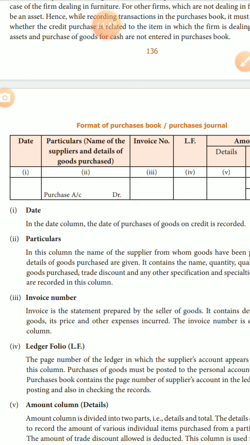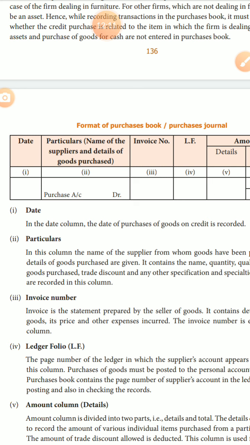Listen, students, particulars contain name, quantity, quality, and trade discount. Everybody underline these 4 words. Next, invoice. Invoice is a statement prepared by a seller of goods. It contains details about the goods, its price and other expenses incurred.